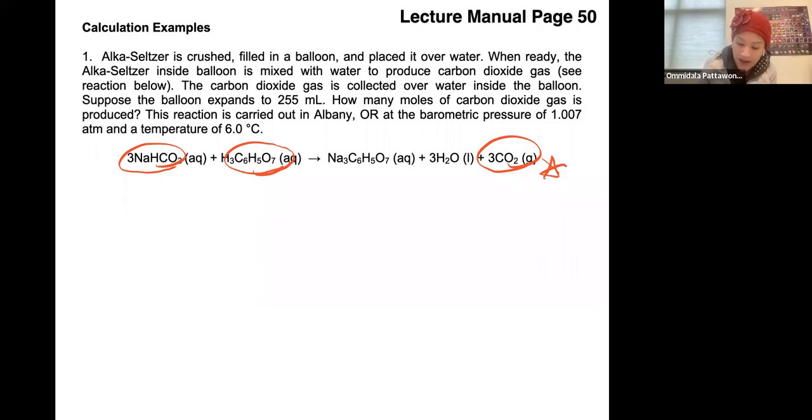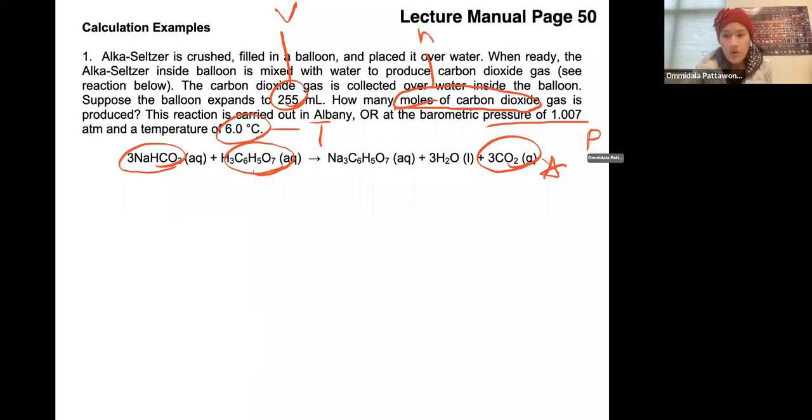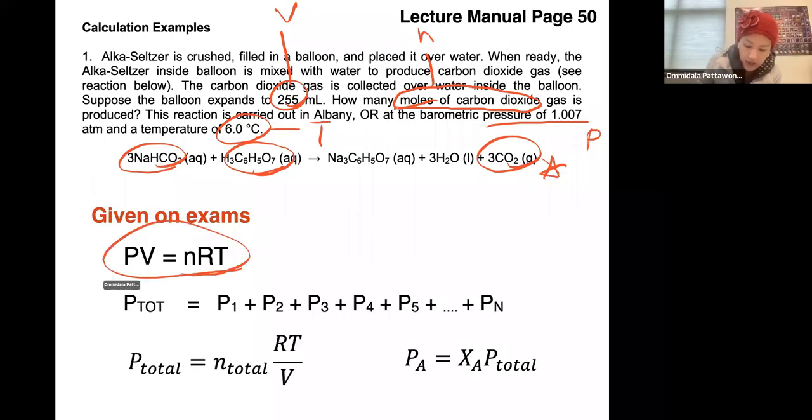So the problem is asking you to find the number of moles of gas, so find n. It's giving you volume, temperature, and also pressure. So can I just use PV equals nRT, plug everything in and get n? Because I already have all of this, the answer is no.